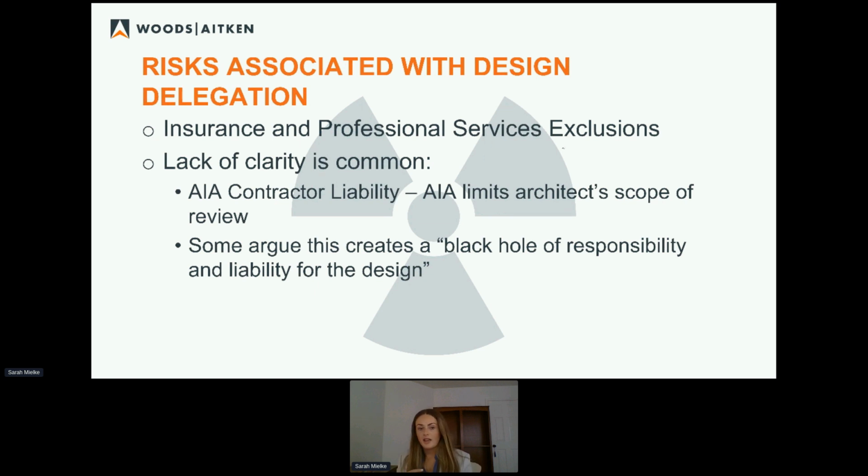So that then forces contractors to maybe step up and cover that scope. And that's maybe known as a scope gap or a scope overlap, depending on how you look at that. But either way, some argue that this does create a black hole of responsibility and liability for the design. If nobody is signed up to cover for this, then who knows whose fault it's going to be if something goes wrong.